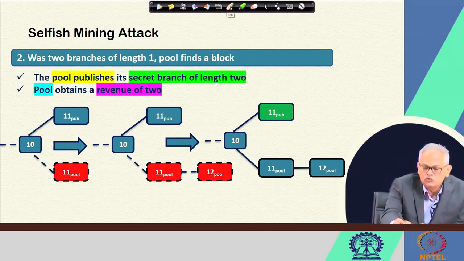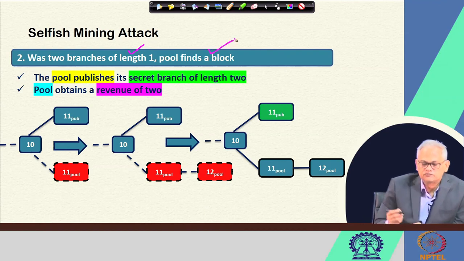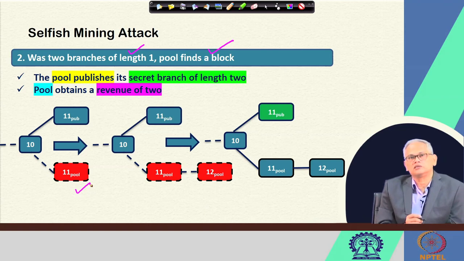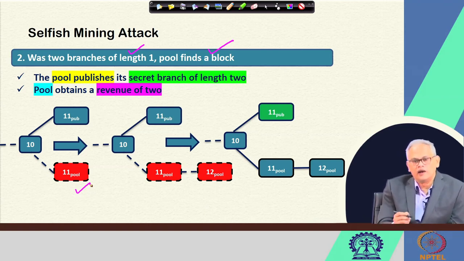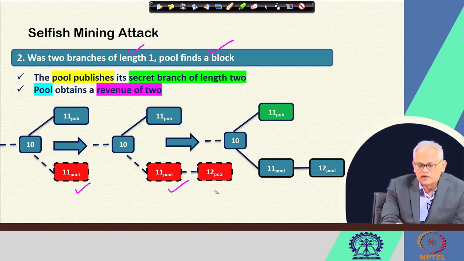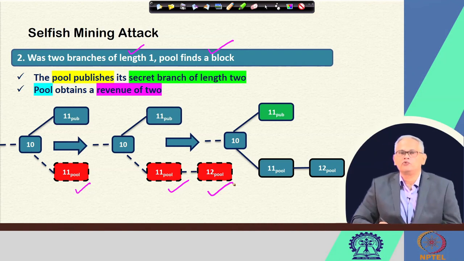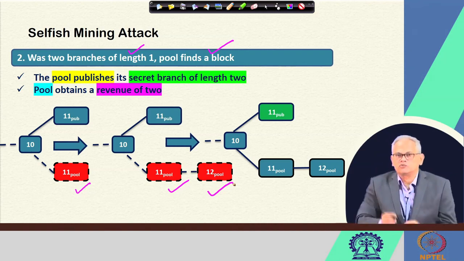This is the state that we denote and this is what happens. This was one such block that the attacker had, and then the attacker has mined one more which is 12 pool, and the attacker sees that there is this 11 pub which is there in the public part of the chain.